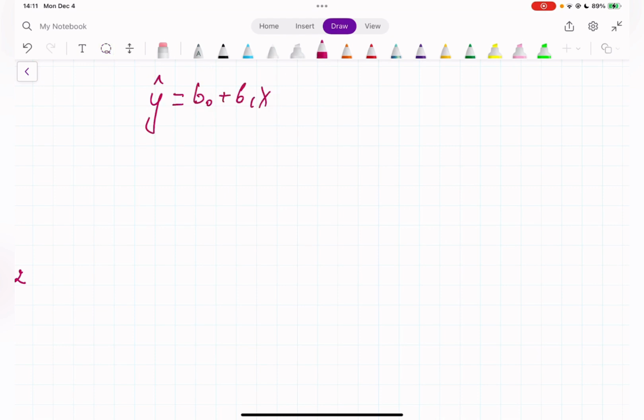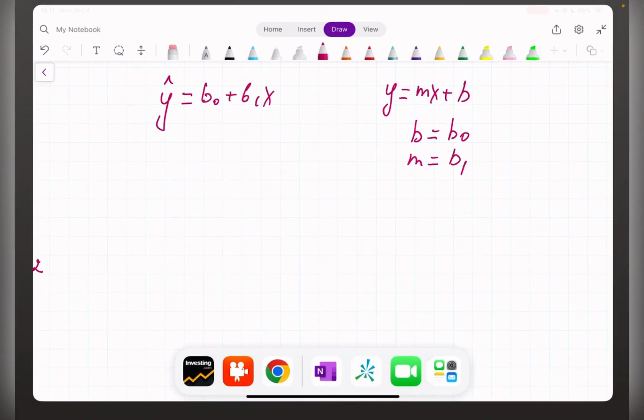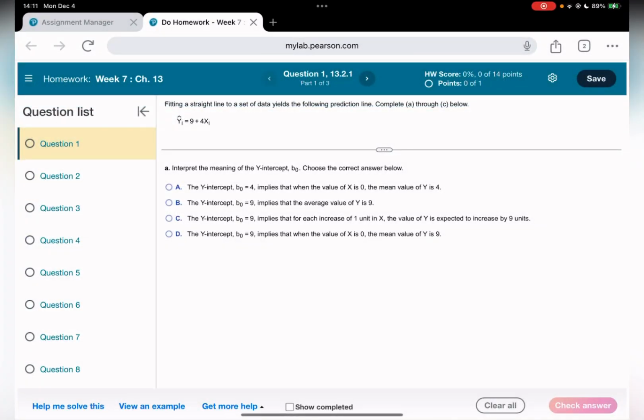And it should remind you of the formula from algebra for intercept and slope, mx plus b, right? Where b is your available term, it's b0, and m is equal to b1. Yes? Okay, so let's see what interpretation we need to give.